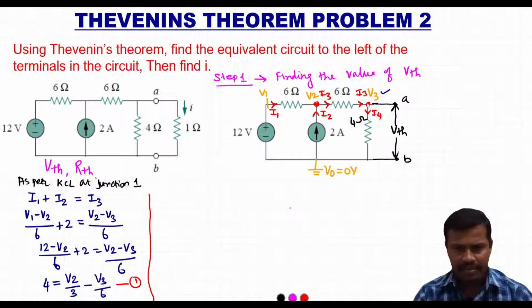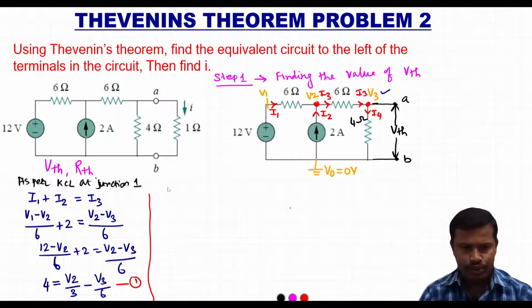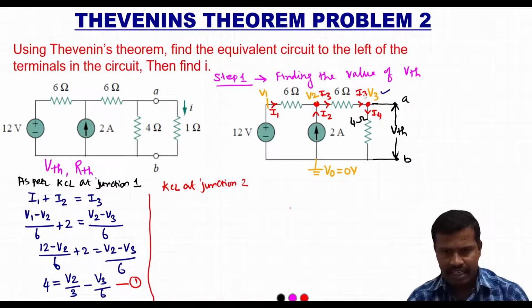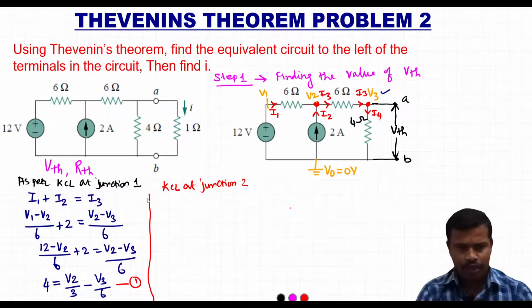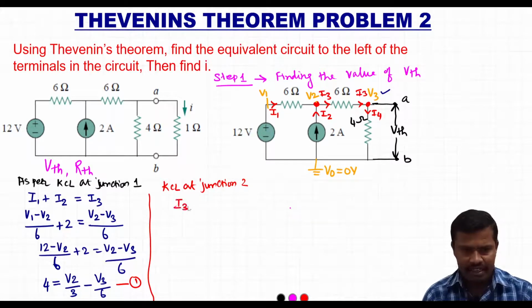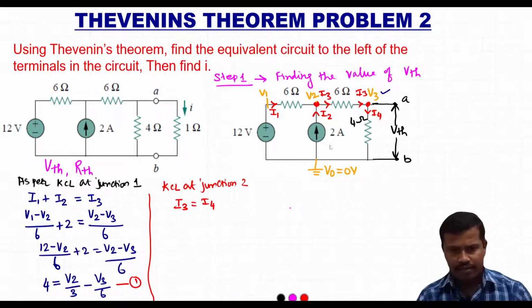Next, we will apply the KCL at junction 2. At this junction, the incoming current is I3 and the outgoing current is equal to I4. So we can write I3 is equal to I4. Now, what is the value of I3?